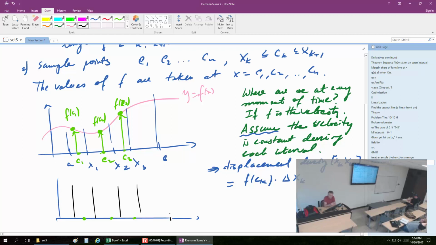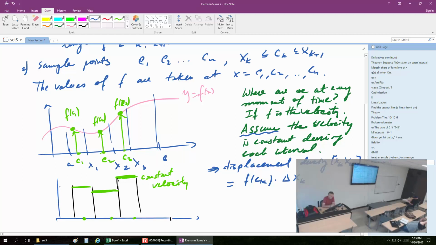Okay, so the heights, this is what I'm observing. So my assumption is very much reflected in this picture. The assumption is that the velocity remains the same during that time period. Okay, so once again, constant velocity.